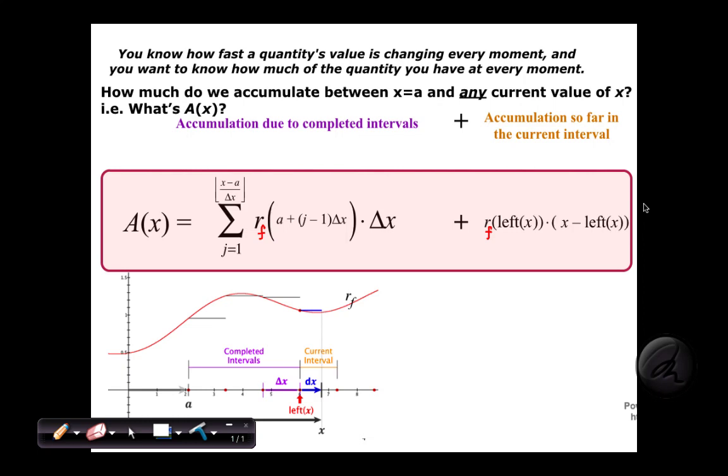So what ends up happening is that end term at the right is going to be, if delta x is sufficiently small, even smaller than you can imagine. So we can just ignore it. But this is an approximate accumulation. It's not exact, but we can make it more and more exact by picking delta x's that are smaller and smaller. And in this format, I don't have to rewrite it over and over.